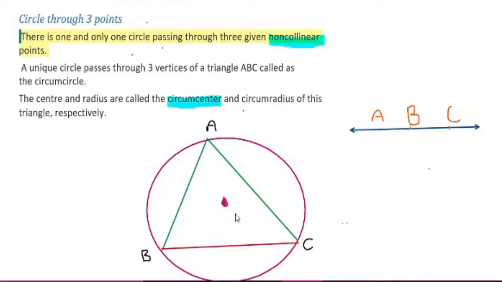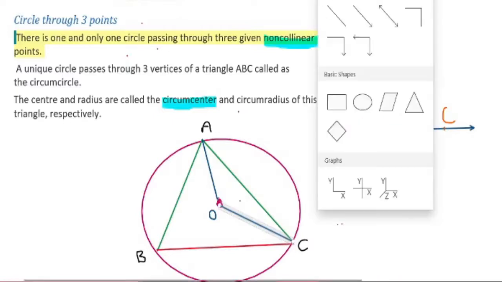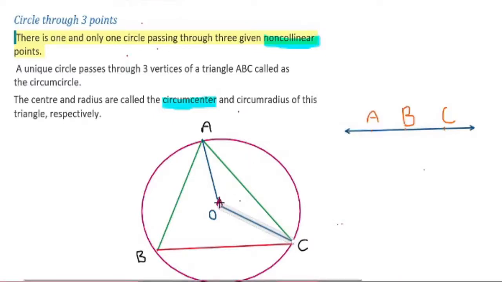Suppose the center is O, then you can join OA, OB and OC. So we have joined here OA, OB and OC.